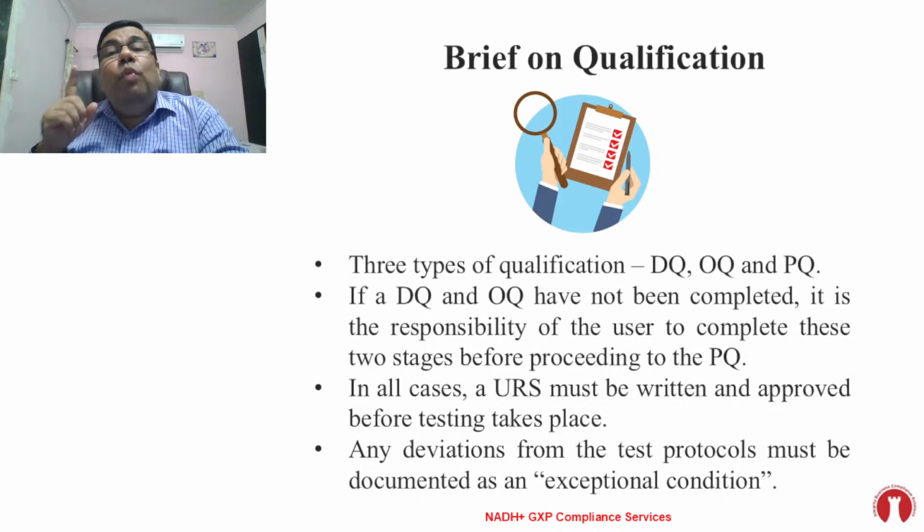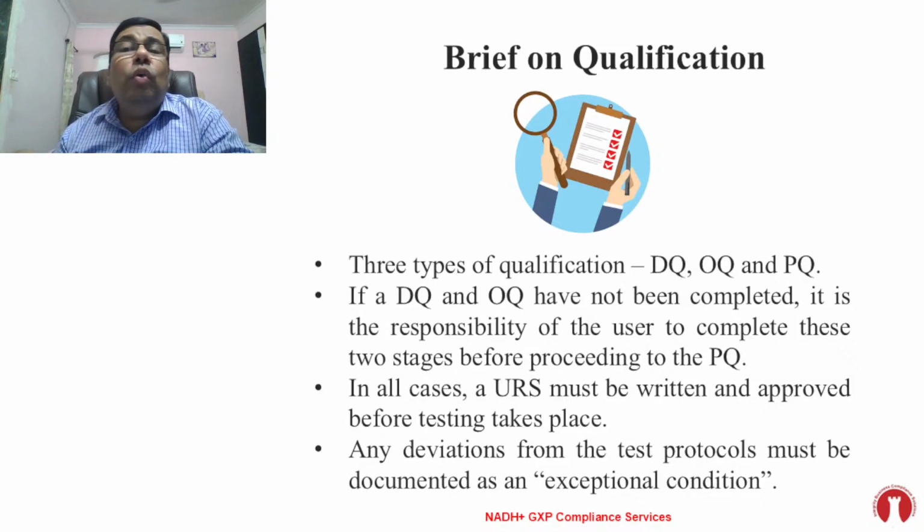But yes, when you prepare the final PQ report, at that time you have to specify all these things: what the sensors are, their calibrations, all the traceabilities, the compressor number, vehicle number, shipping container number, everything you can specify in the PQ report.